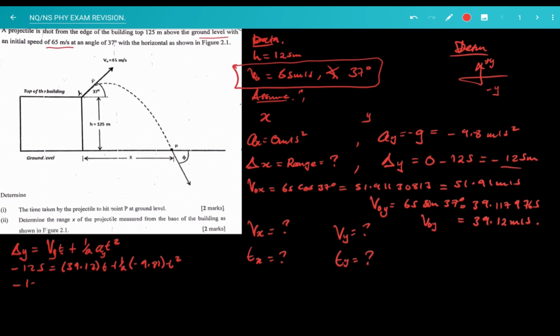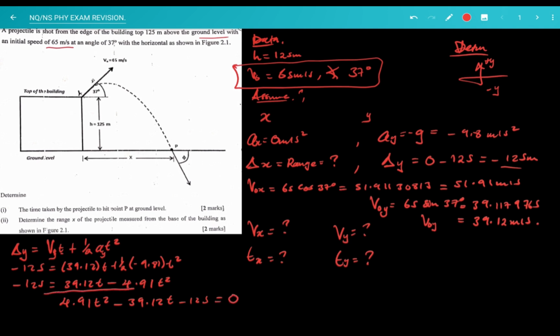This would be minus 125 equals 39.12 t minus 4.91 t squared. This can also be written as 4.91 t squared minus 39.12 t minus 125 is equal to 0.